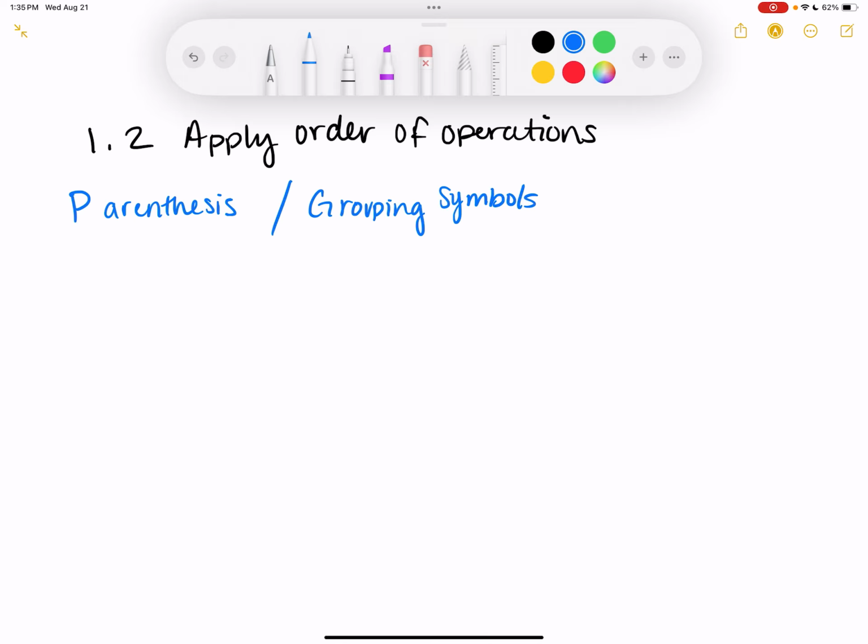And then we have exponents. So anything raised to a power. M and D for the PEMDAS, that part is for multiplication and division.